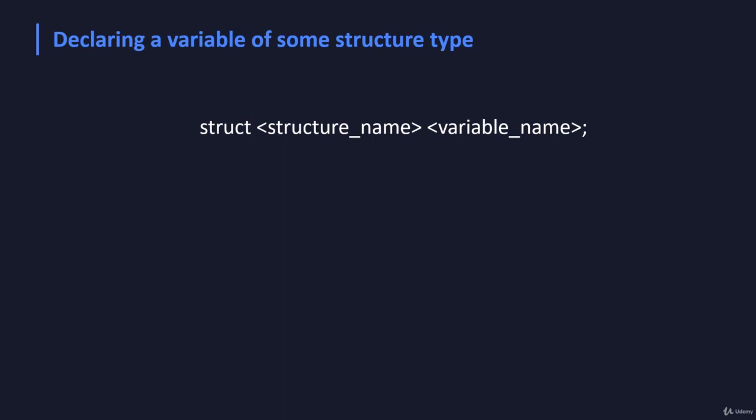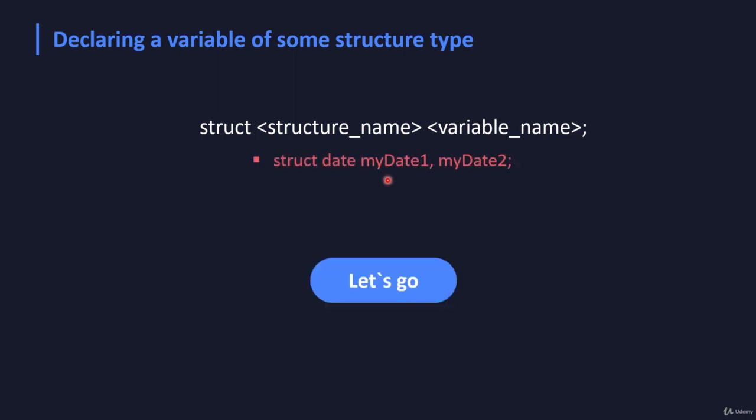So if previously we had created our date structure and we want to create a date structure variable, what we are going to use is simply struct, just like the formula written here. That will be our formula on how to declare a struct variable.